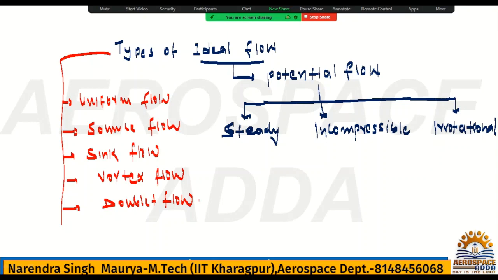Then there will be another type of flow called Rankine half body. Then we'll take the combination of uniform, source and sink, called Rankine full body or oval body flow. Then we'll take the combination of this flow with the vortex. Then we'll take it with the doublet. So all those things will come one by one.